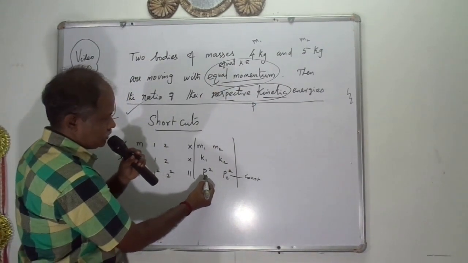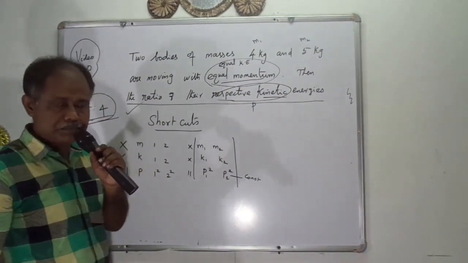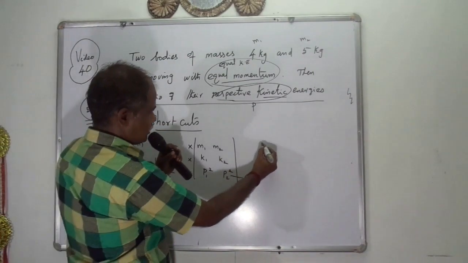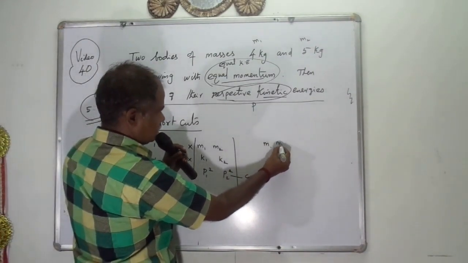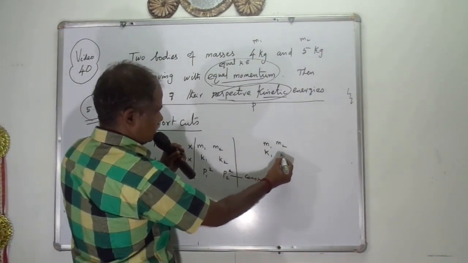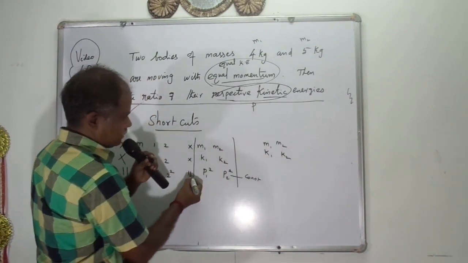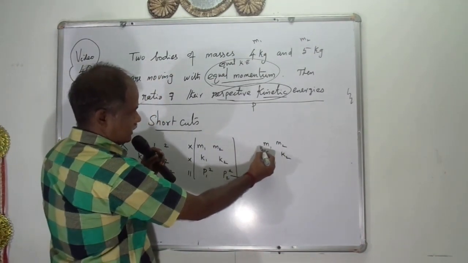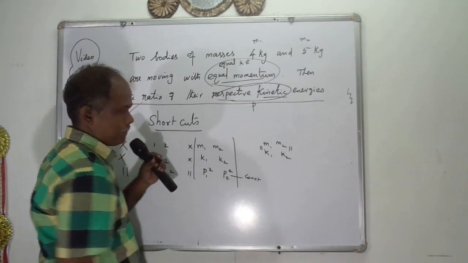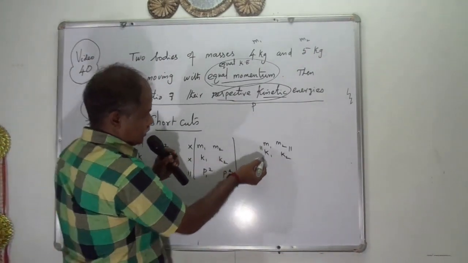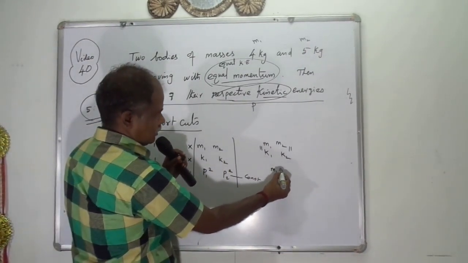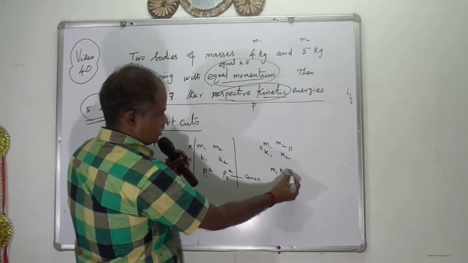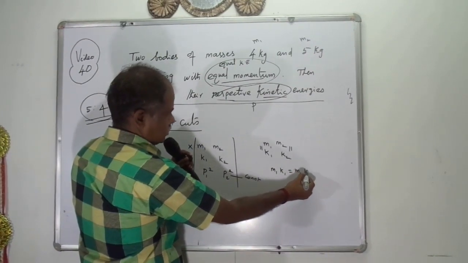For this problem, P is constant. The remaining terms are M1, M2, K1, K2. Here it is parallel, so you make a cross product of this one. That is M1 K1 is equal to M2 K2.